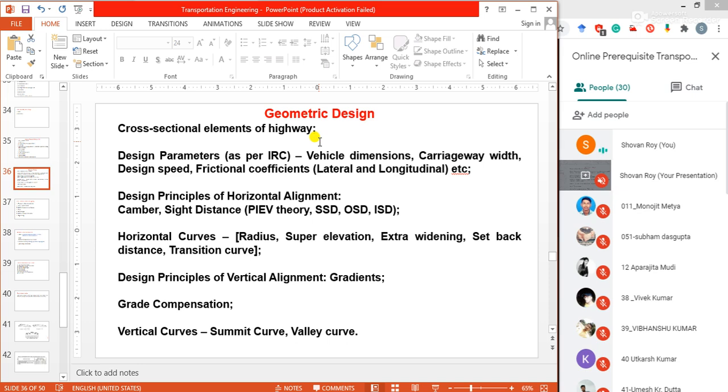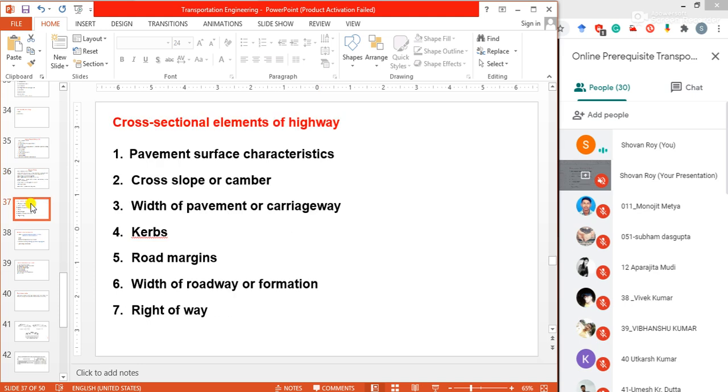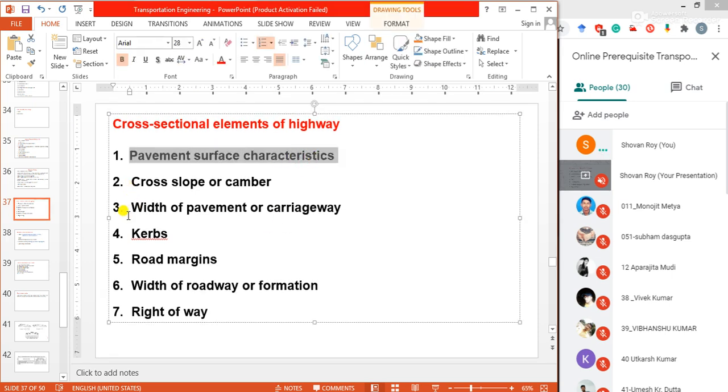When we talk about the cross sectional elements of highway, there are lots of technical things: pavement surface characteristics, cross slope or camber. These are only known to civil engineers.